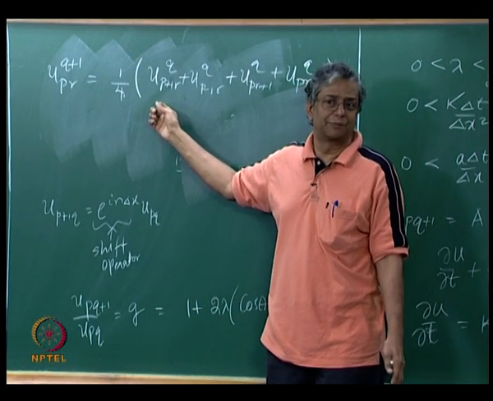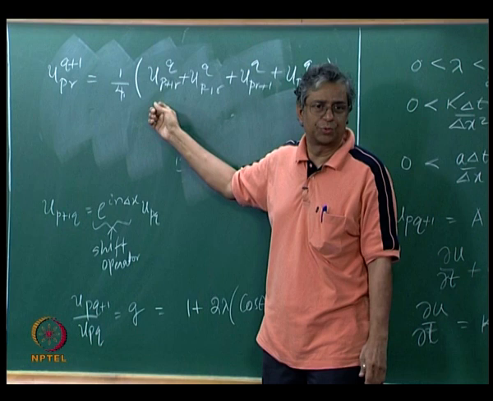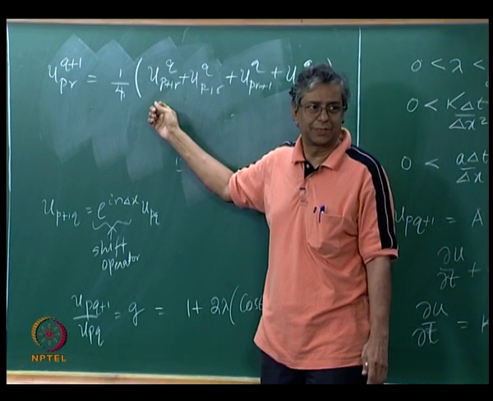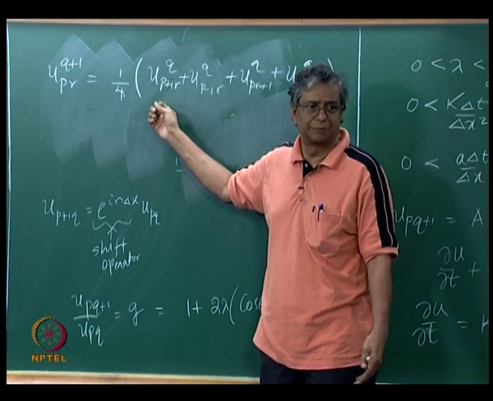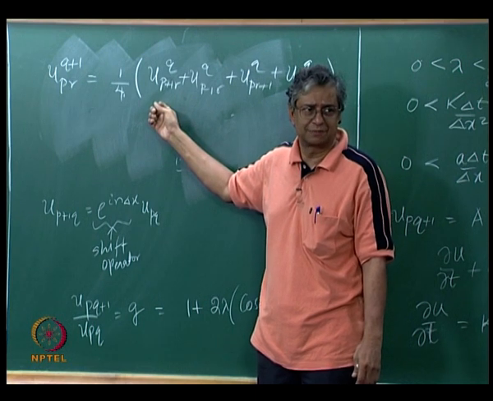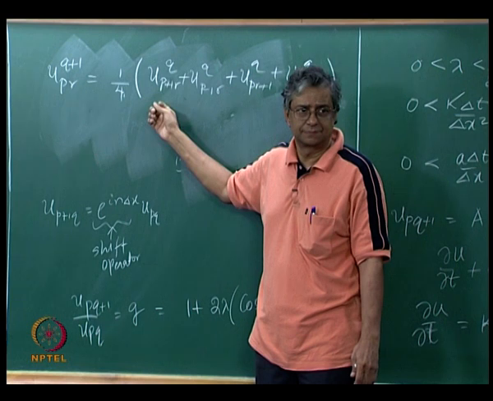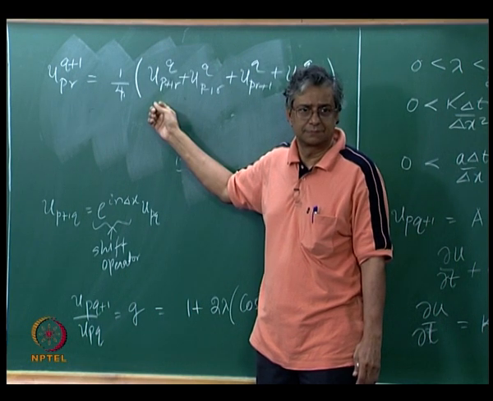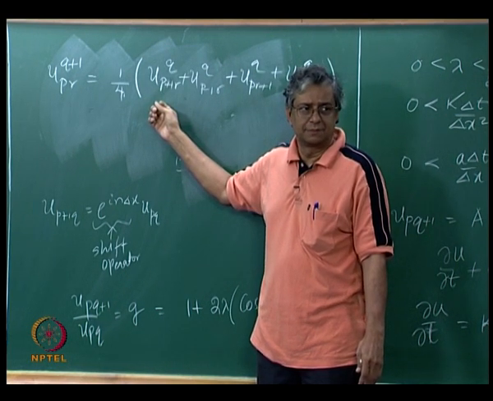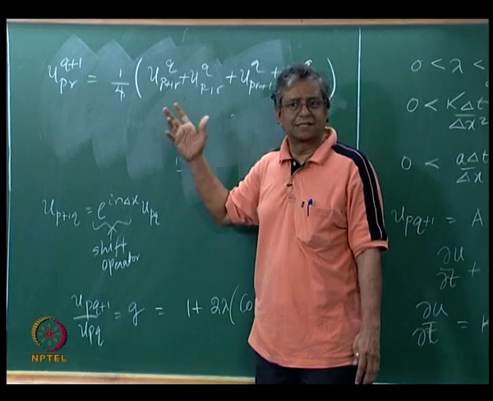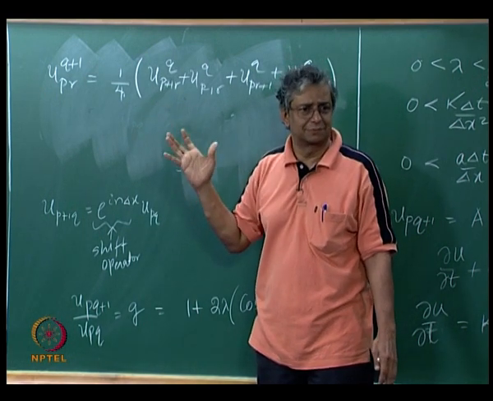What if lambda instead of being 1/4 were 1/8? What would you get? Can you guess? That is like picking some kind of a relaxation parameter.